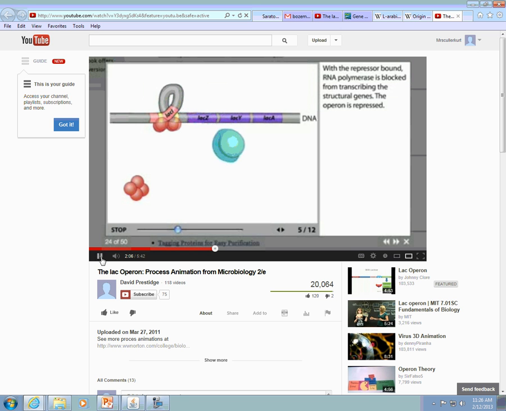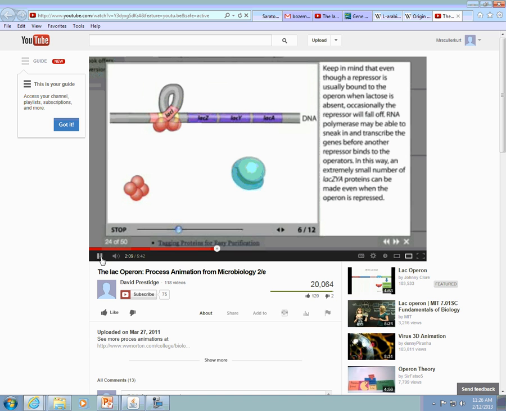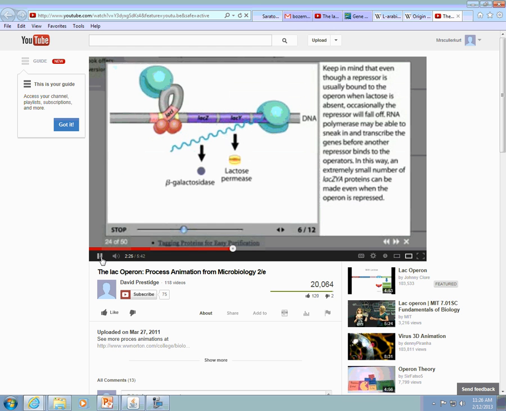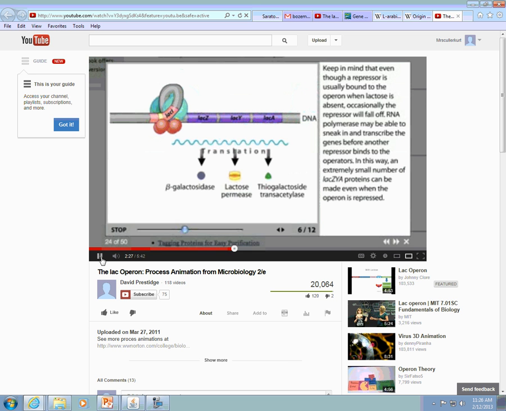The operon is repressed. Keep in mind that even though a repressor is usually bound to the operon when lactose is absent, occasionally the repressor will fall off. RNA polymerase may be able to sneak in and transcribe the genes before another repressor binds to the operators. In this way, an extremely small number of LAC-ZYA proteins can be made even when the operon is repressed.